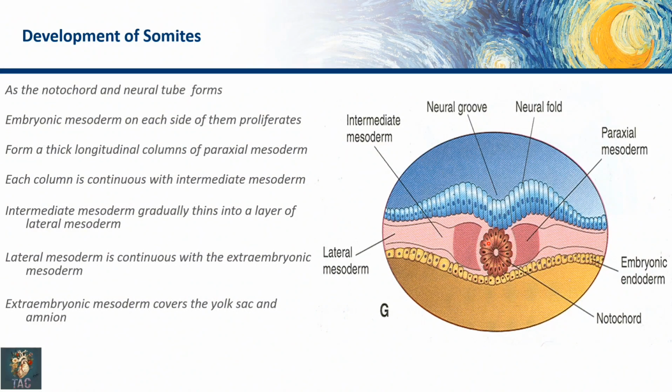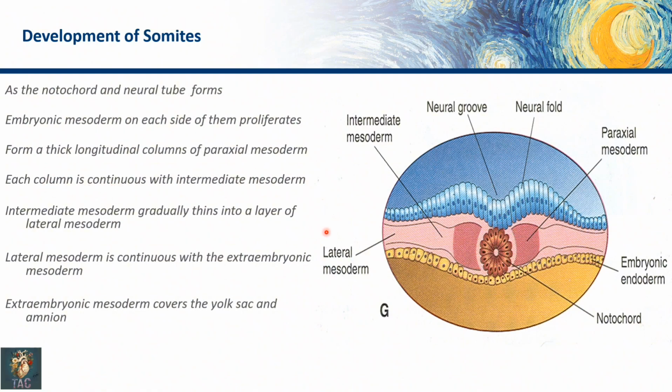So have a look at this diagram. This one is the ectoderm, and here the neural plate is forming, neural groove and neural folds are present, and here you can see the notochord. Around the notochord you can see this area is given the name of the paraxial mesoderm. As the notochord and neural tube form, embryonic mesoderm on each side of them proliferates and forms a thick longitudinal column of the paraxial mesoderm.